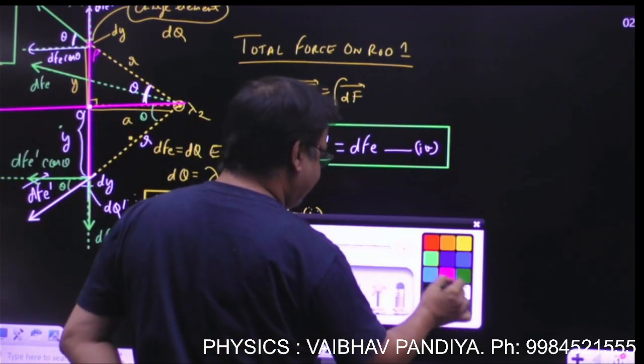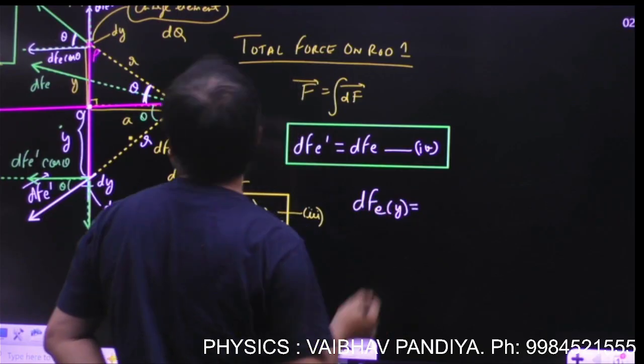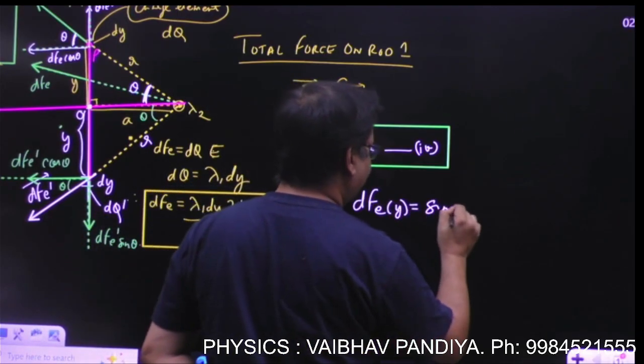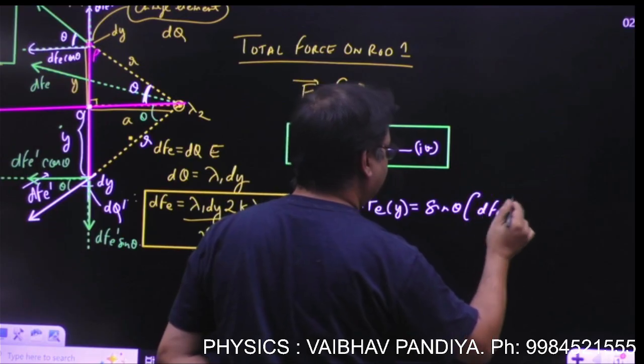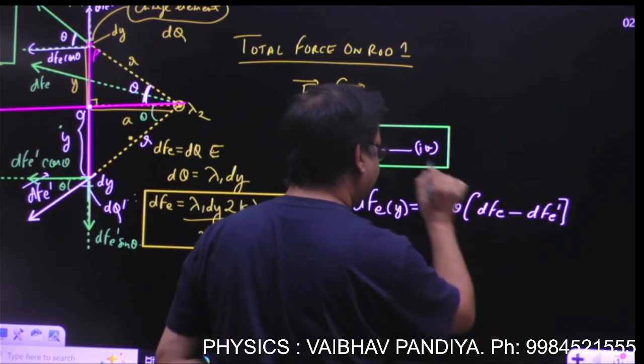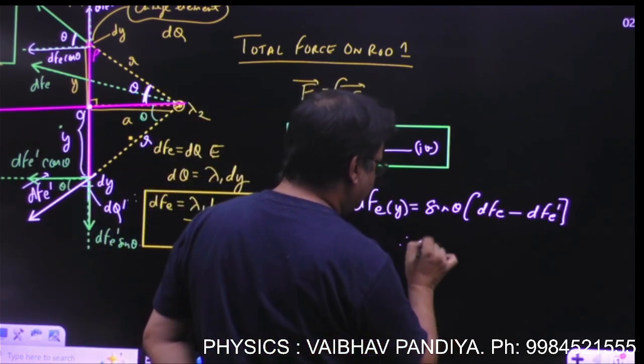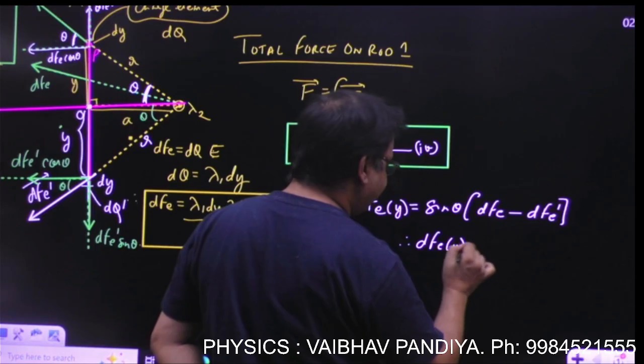On the y axis, net dFE will be what? Sin theta can be taken as a common factor. We have dFE along the positive y and dFE dash along the negative y, and from equation number 4 you can see both are equal. Therefore dFE on the y axis will be 0.